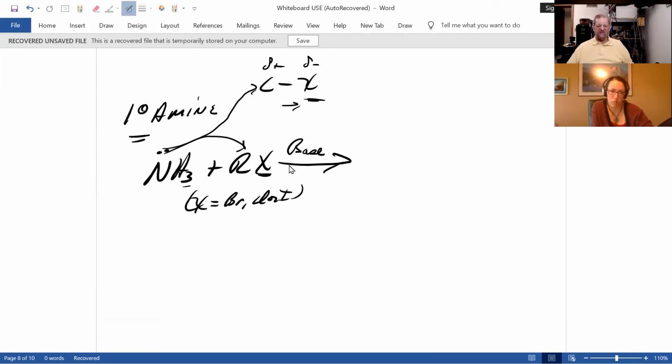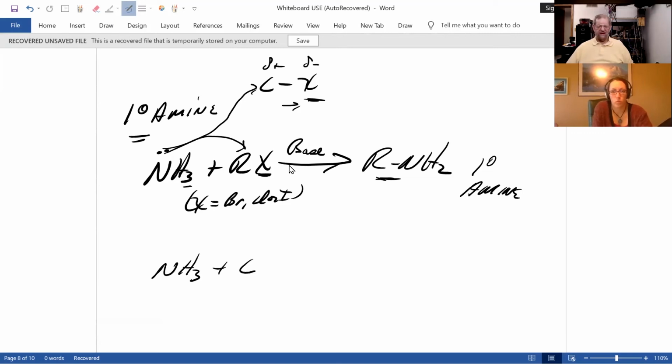You lose the X and H, you get X acid, but I'm only interested in the organic molecules you make, and you make a primary amine. And the carbon with the halogen is the carbon that nitrogen will be bonded to.